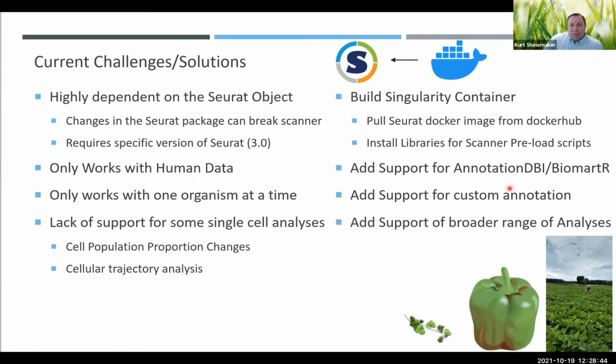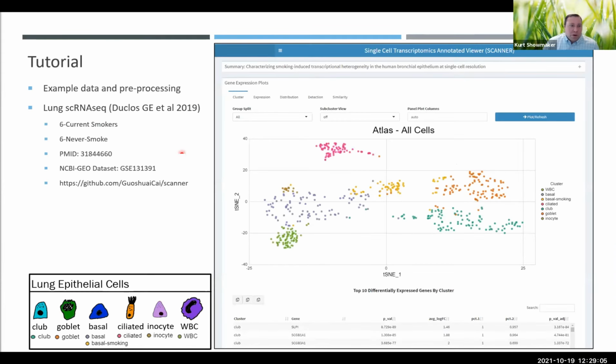And then we looked into adding support for annotation, DBI, and biomarker to easily add organisms that have not been implemented. And we were looking into custom support for annotations that are not currently in there, and to add a broader range, such as agriculture, because right now it's only human data, and agriculture just doesn't work very well with it.